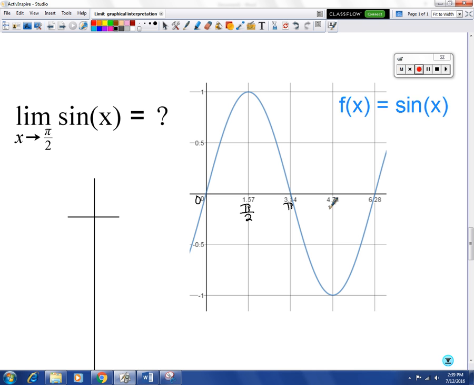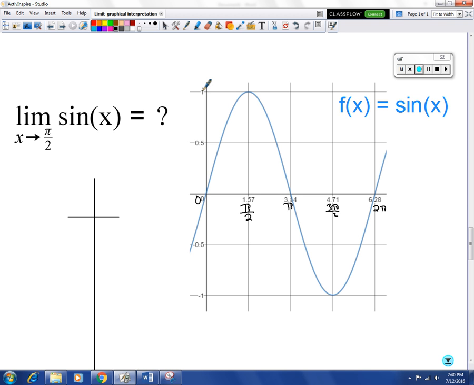The 4.71 is about 3 pi over 2. And the 6.28, that's really representing our 2 pi. On the y scale, I count up by 0.5 and by 1 and down too. So you see a typical sine graph, a little bit more than one cycle.